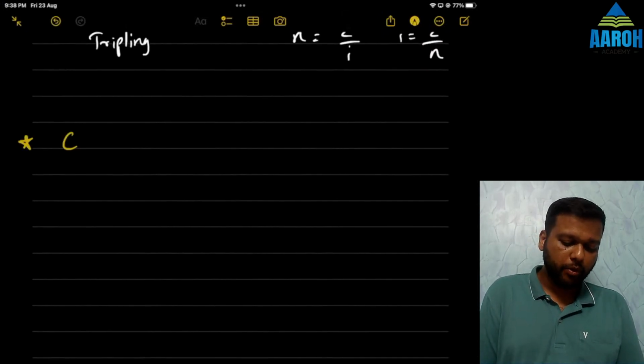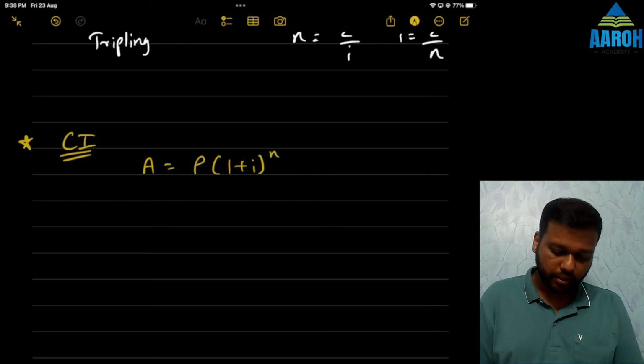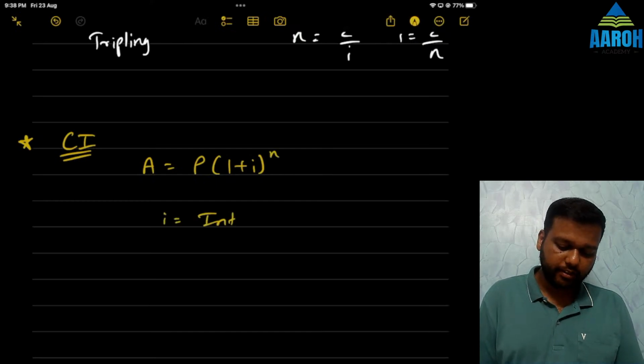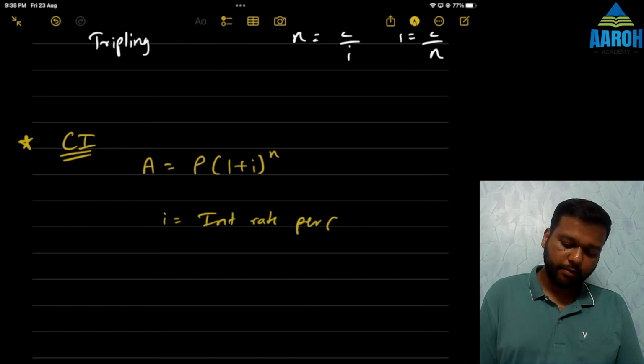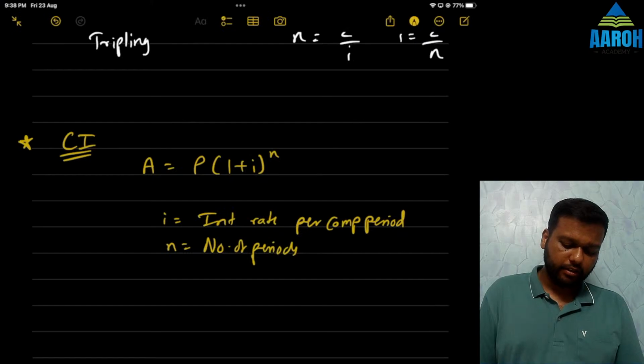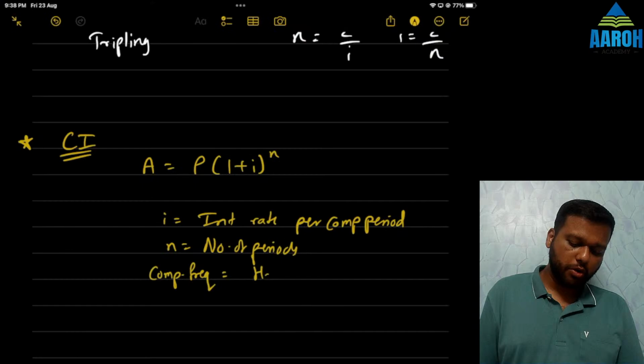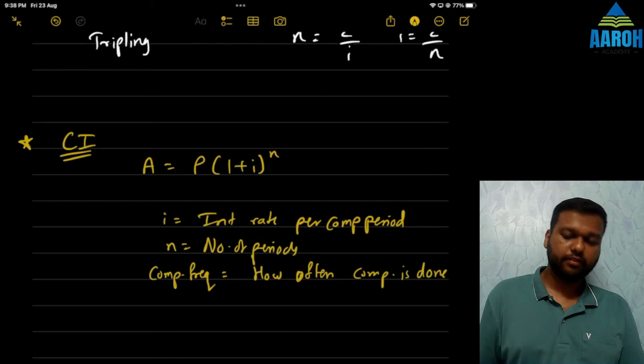So for compound interest, amount is equal to p into 1 plus I raised to n, where I is interest rate per compounding period. N is equal to number of periods, and compounding frequency means how often compounding is done.